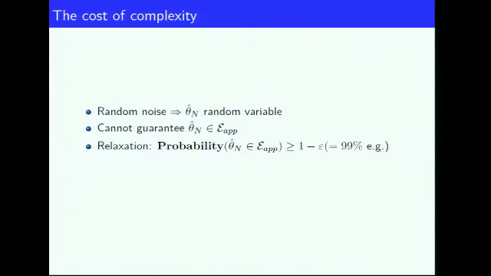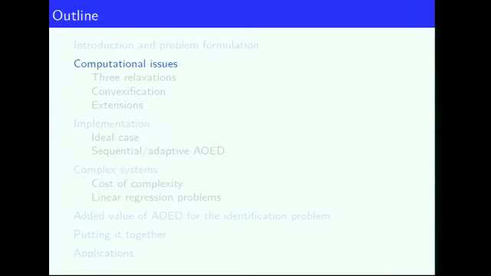So I have to relax this problem just to say that, well, I'd like the probability that this happens to be very high. However, it's difficult to compute this probability, so we have to do some further relaxations here. And that brings me to computational issues. How do we solve this problem? So we look at three different relaxations.